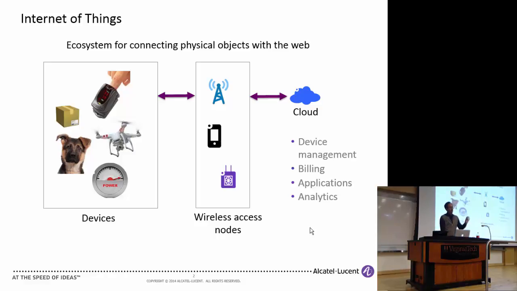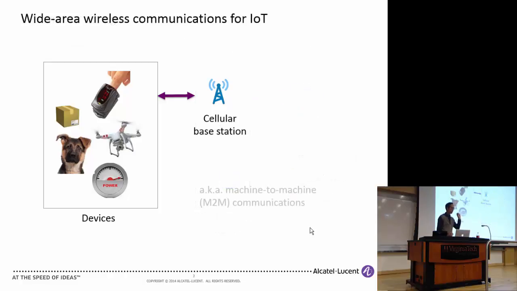But today I want to focus on one particular part of this, which I think is very interesting, which is the particular case where you want to have wide area coverage for connecting your devices to the cloud. And so this means that you want to rely on some wide area wireless infrastructure, for example, a cellular base station.